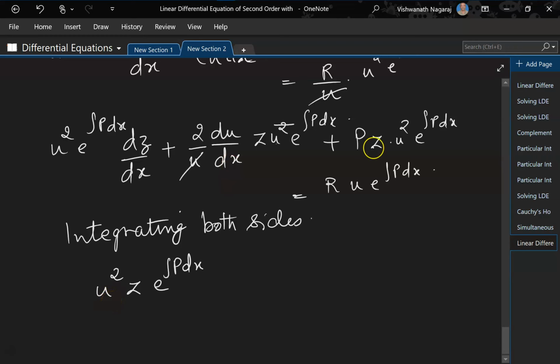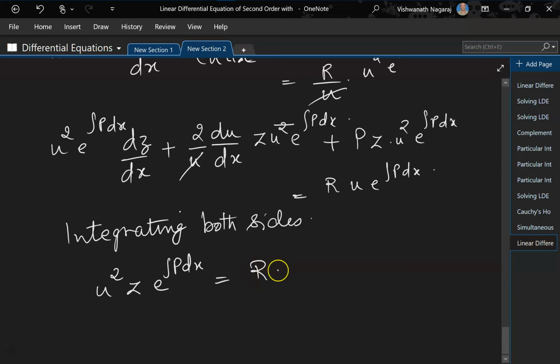And here z remains as it is, u square remains as it is, and e to the power of integral of p dx is getting differentiated. It will give you e to the power of integral of p dx times the differential of the integral of p dx, that is p. So that is there here. Okay, so that is the integral.